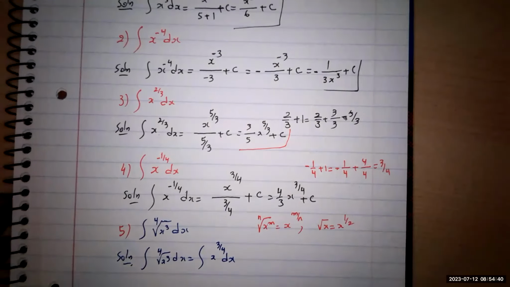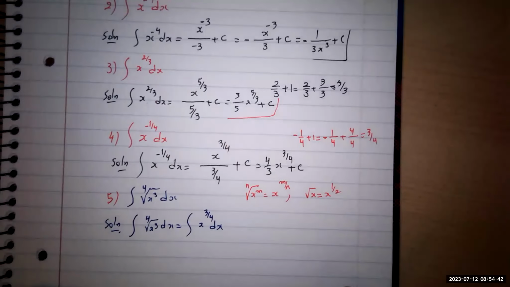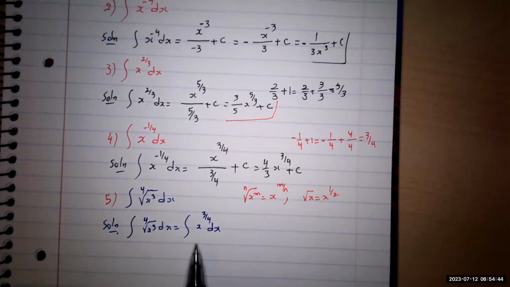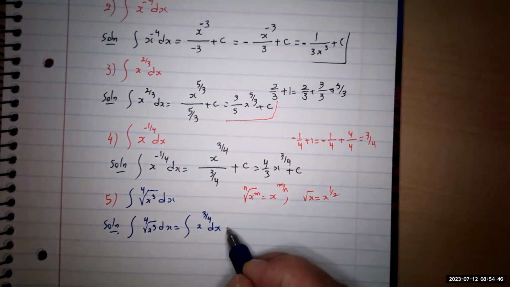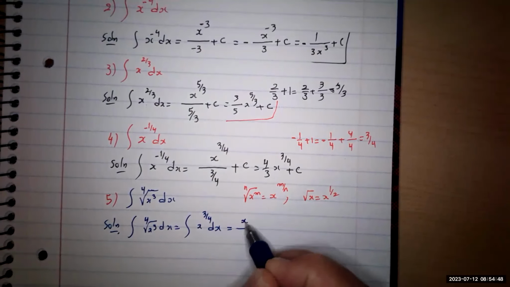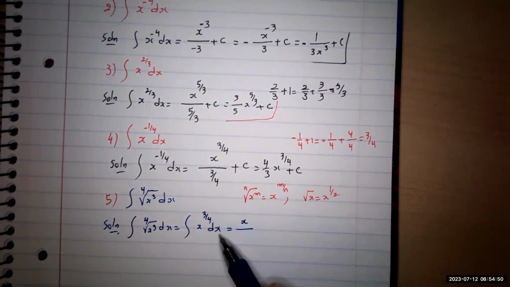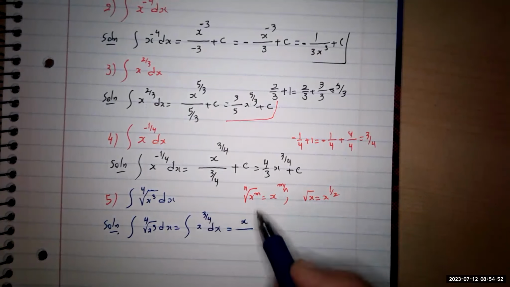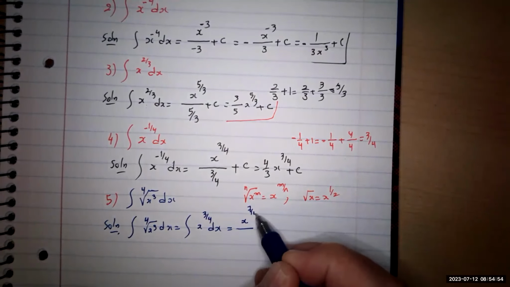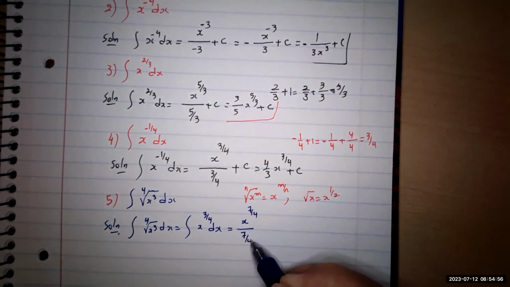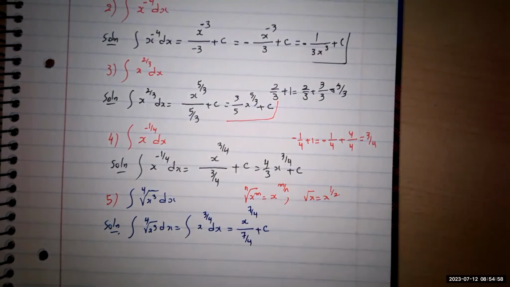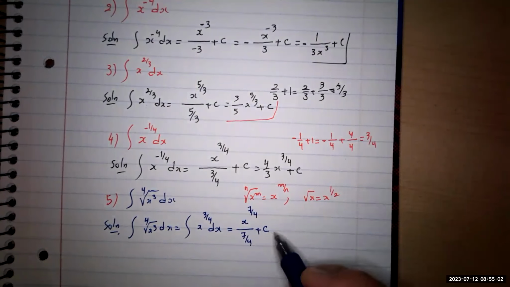Remember, as long as you haven't done the integral, you just keep the notation. Now we can do it. It's going to be x to the 3/4 plus 1, 3 plus 4, 7, so 7/4 over 7/4 plus the constant C for the general solution. Now for 7/4, use the reciprocal.